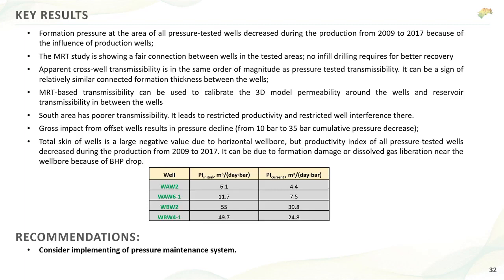And for some wells the decline is quite sharp. You can see that for well 4, for example, the productivity index is twice less than the initial one.